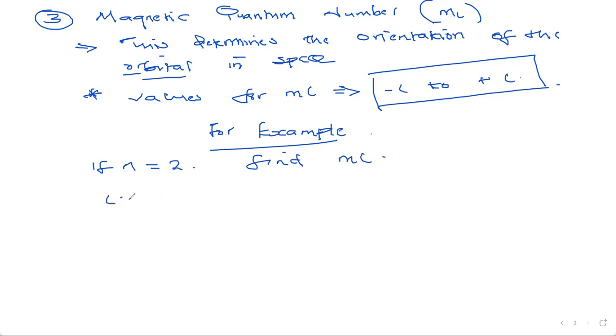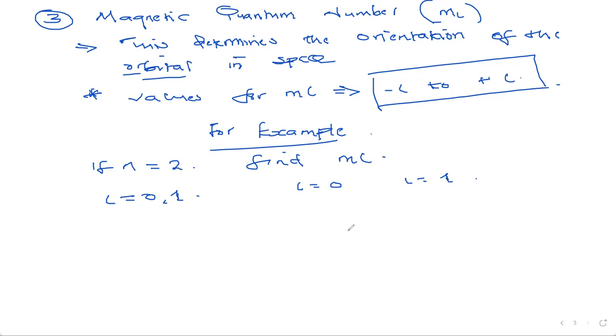What is L? We know L is from 0 all the way to n minus 1. So this is equal to 0, 1. So we have two values of L: L is equal to 0, and L is equal to 1.